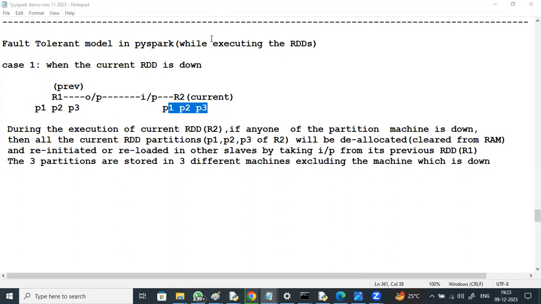R1 dot filter, you will get the output as R2. That R2 is distributed across. Observe here, R1 dot, if you're performing some filter, then you will get R2. That R2's partitions P1, P2, P3 will be R1's output.